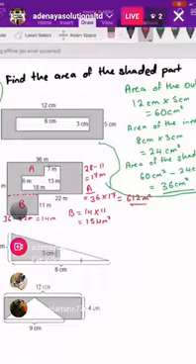Yeah, so we have part A, which is 612 meters squared, and part B, which is 154 meters squared.